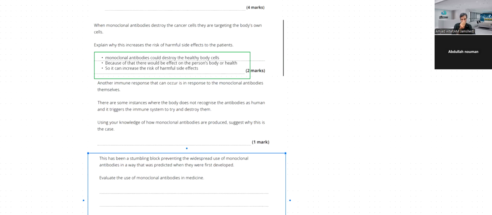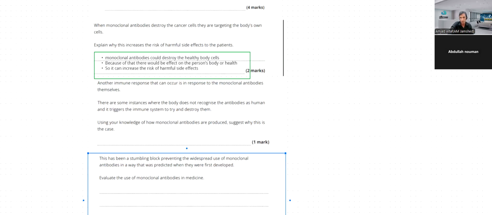No, I have said that in the first mark. I don't know about this one. So can you explain the second point, please? The second point is what you have mentioned here: because of that, there would be an effect on the person's body or health. But how? That's what we need to point out here, like triggering the immune response.